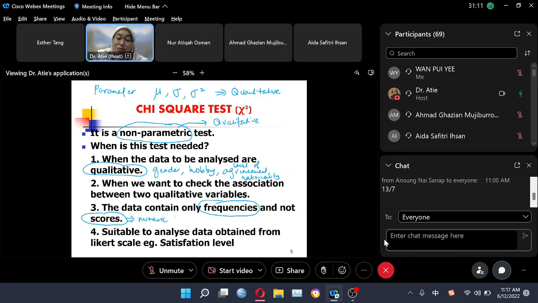It is suitable to analyze data obtained from a Likert scale. Remember, we also learned the Likert scale for ordinal data. So for example, satisfaction level: very satisfied, so not satisfied. This is ordinal data, and it is qualitative.